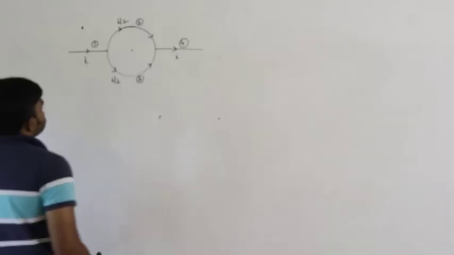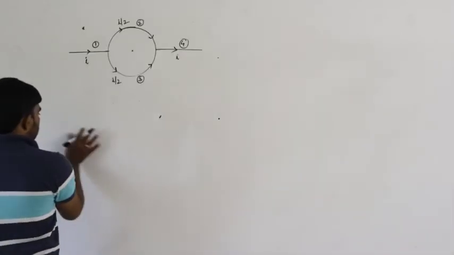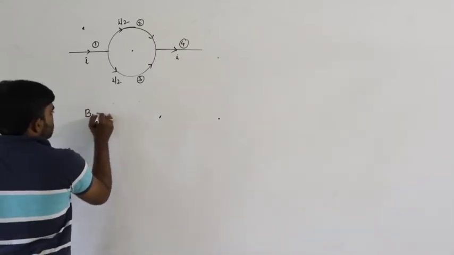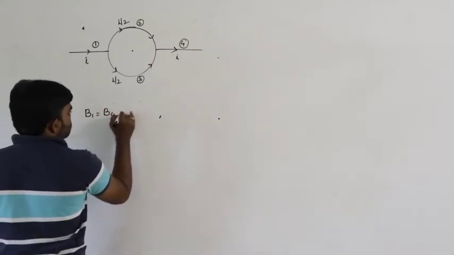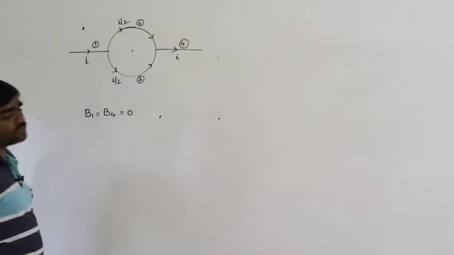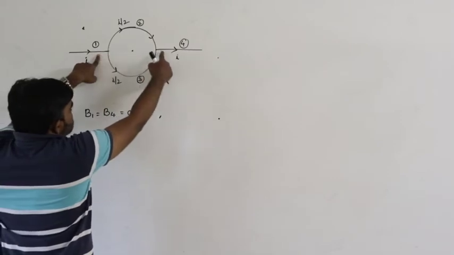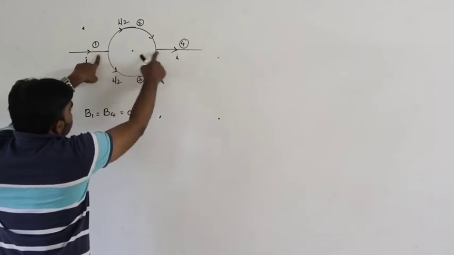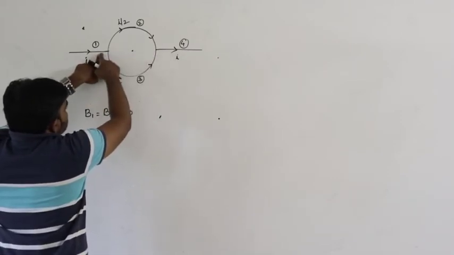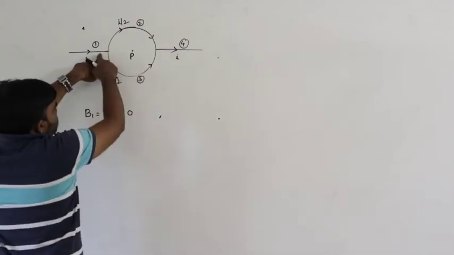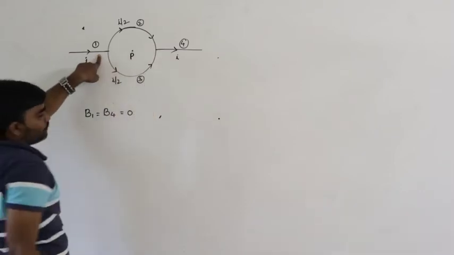Now here B1 is equal to B4 is equal to 0. Why? For the first conductor and the fourth conductor, the point P, where we have to calculate the magnetic field, lies on the conductor.